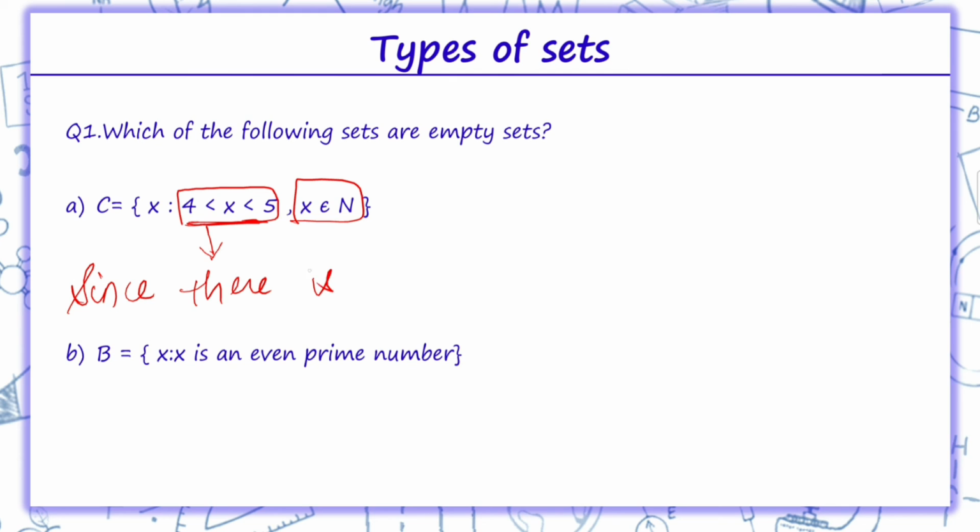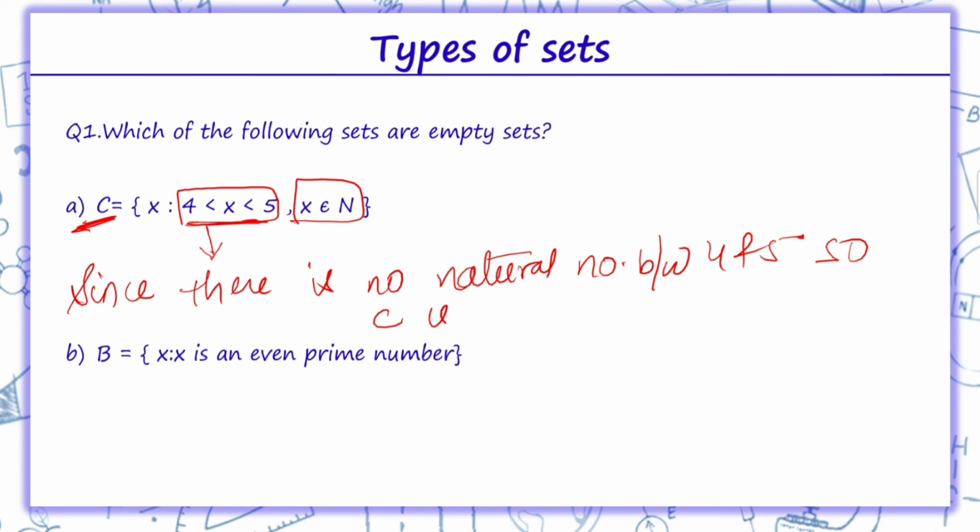Since there is no natural number between 4 and 5, this set C is an empty set.